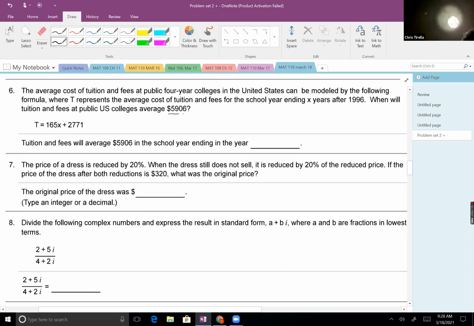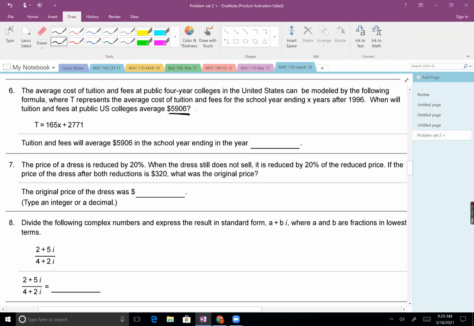So this $5,906, we've got this equation T equals 165x plus 2,771. I'm thinking because we've got 2 variables in this equation, we've got to substitute for one of them. Should that be T or should that be X?